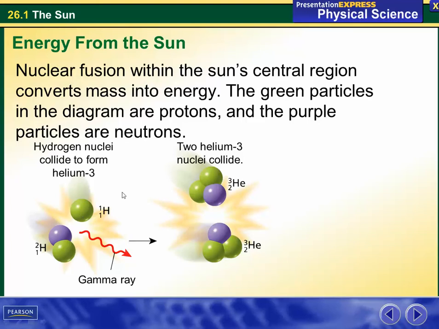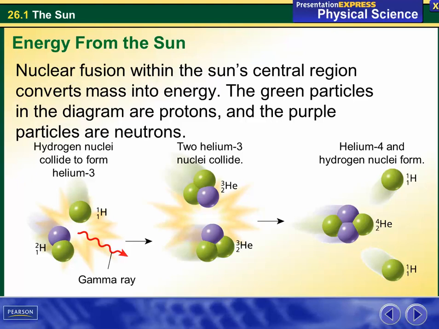So when these two hydrogens combine together to form helium, all of a sudden there's less energy present here, so that extra energy is released in huge bursts through that process of fusion. And there's some more hydrogen forming, kicking off those protons there, and the process will keep going.